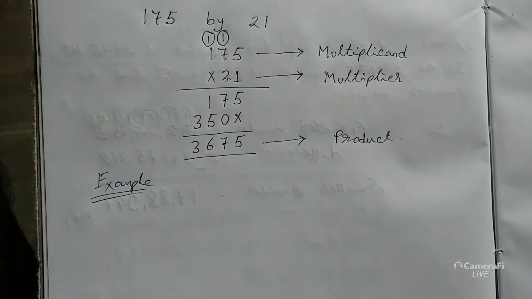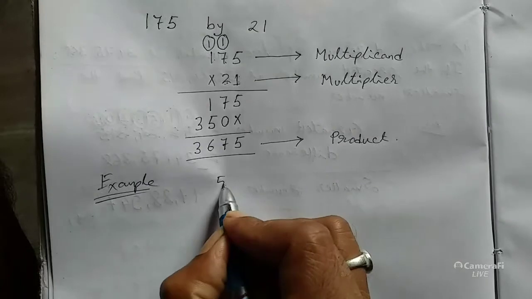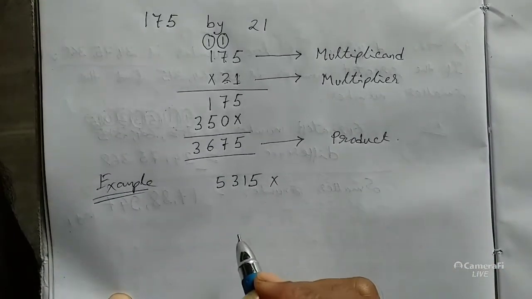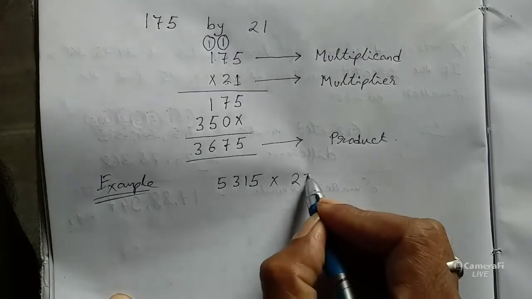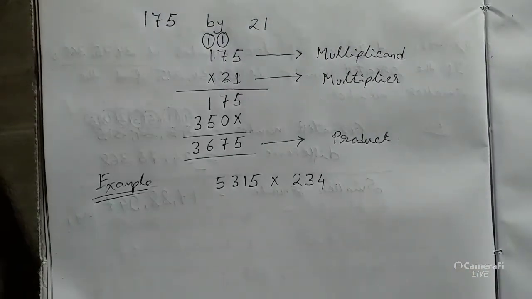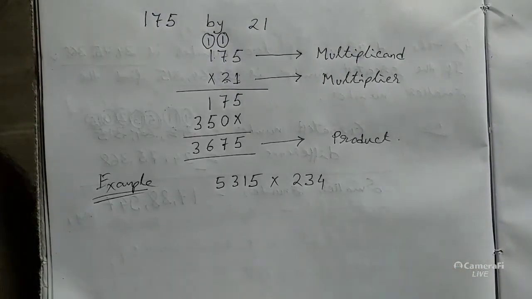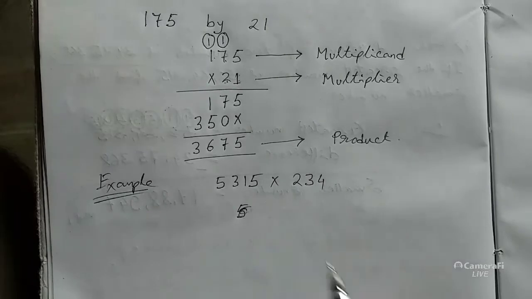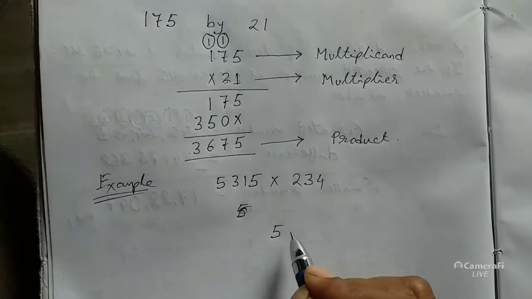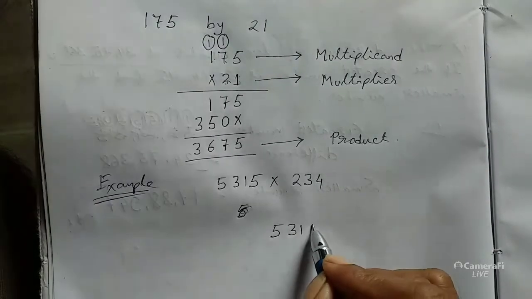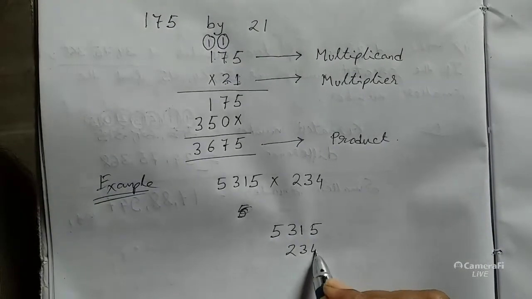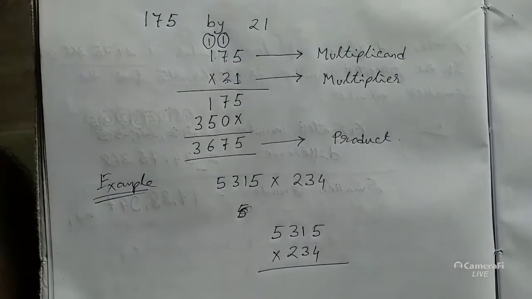Suppose we have to multiply this with 234. So 234 is the multiplier, which is of 3 digits. Let us multiply. First write, take a space just above, and then below it 234 with the multiply sign.